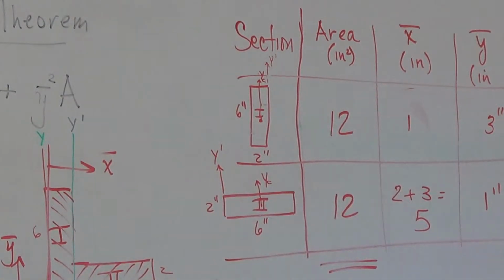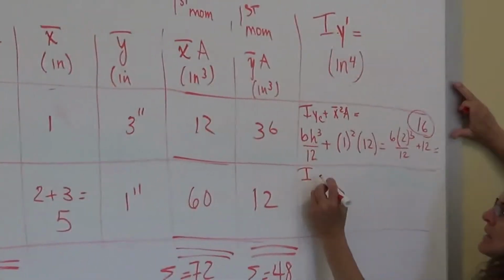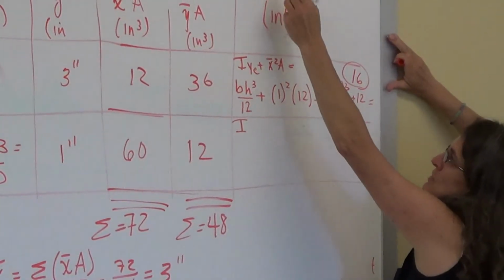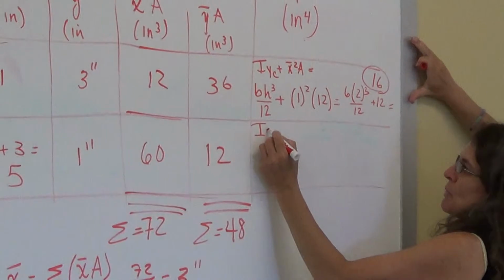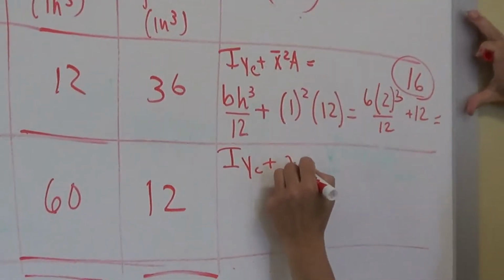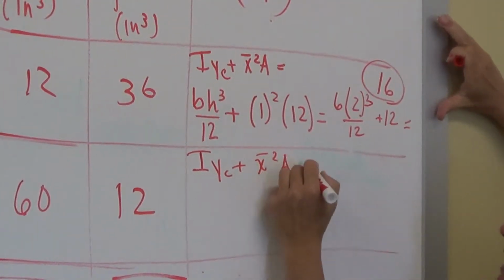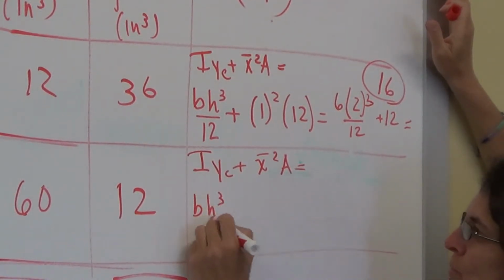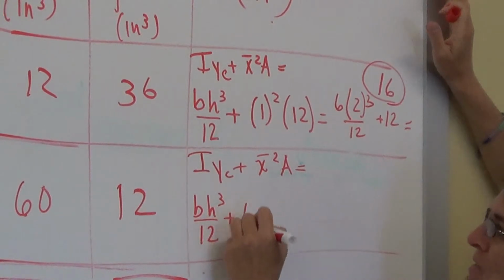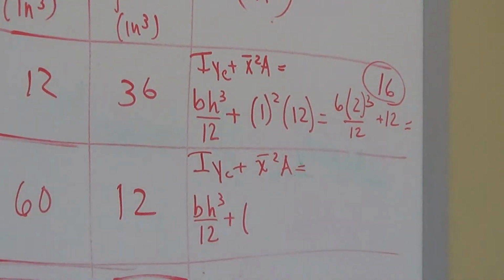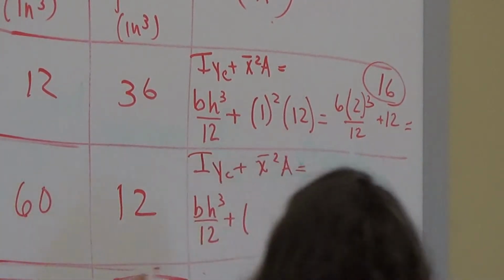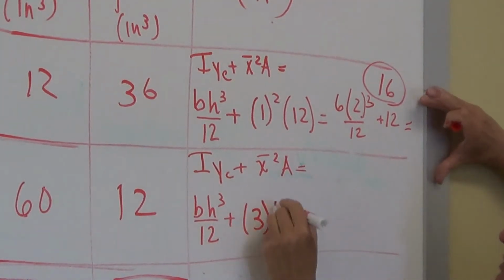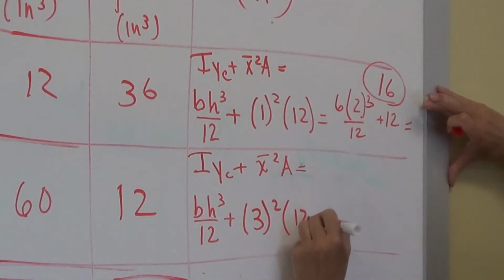So, here, I sub y prime is equal to y sub c plus x bar squared times the area. So again, what's the equation? bh cubed over 12 plus, what is the perpendicular distance between these two? 3. Is it 3? Yes, 3. So it's 3 squared times the area, which is 12.